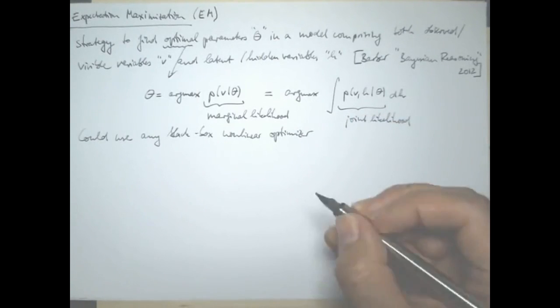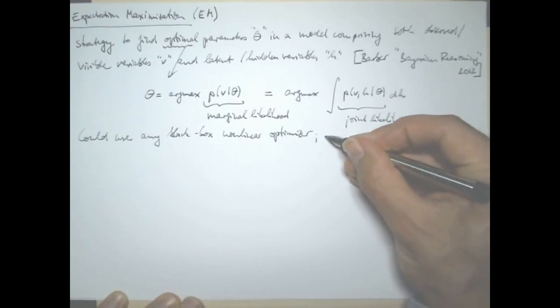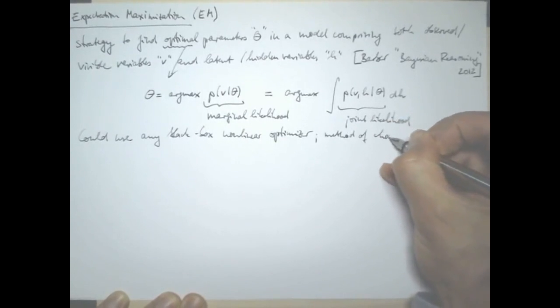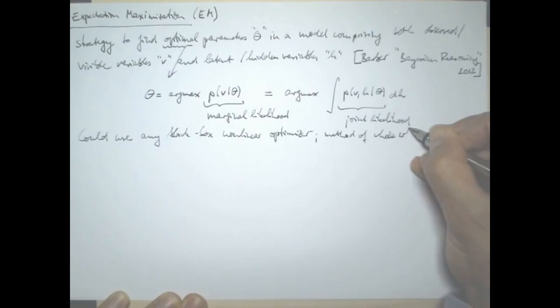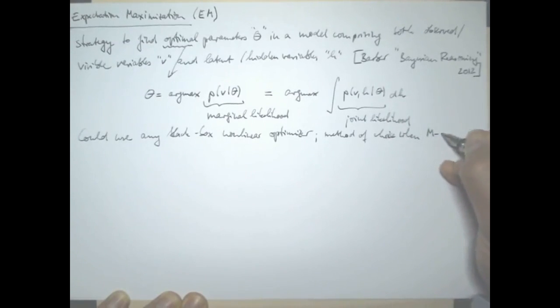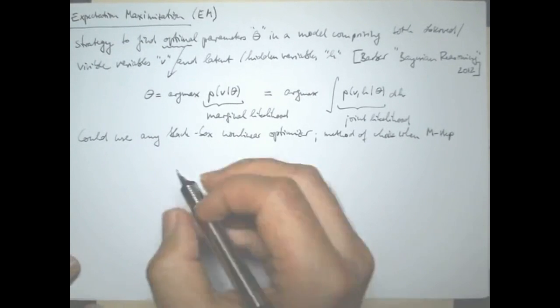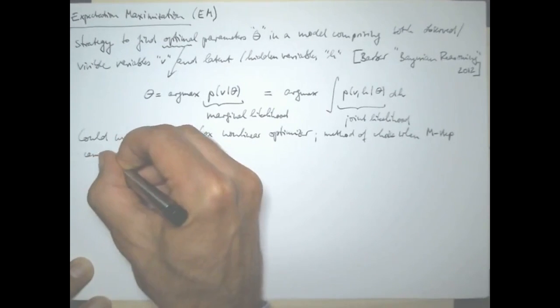And in fact, this is the method of choice when the M step, which I will define below, cannot be expressed in closed form.